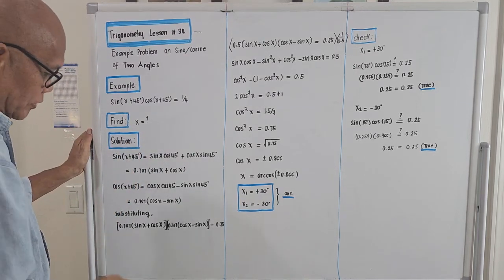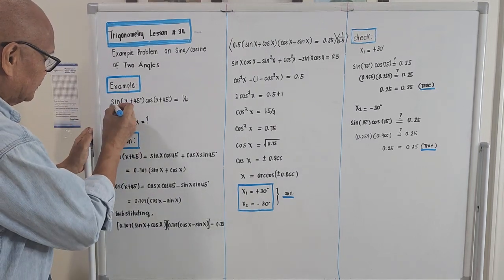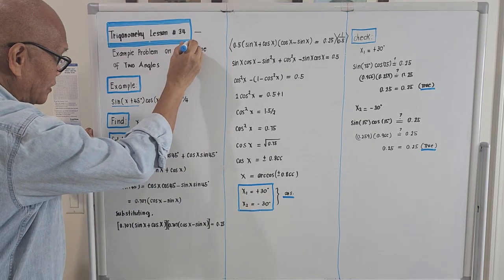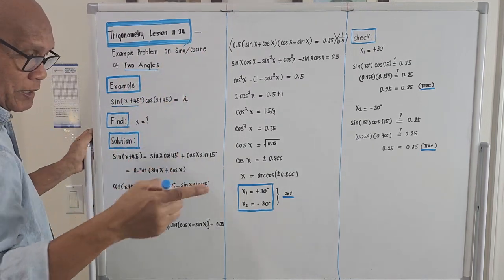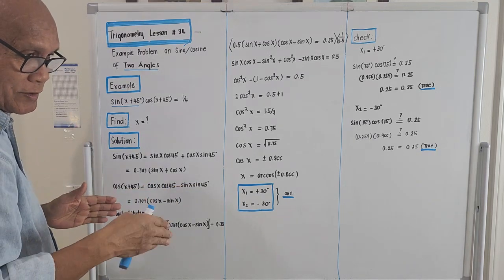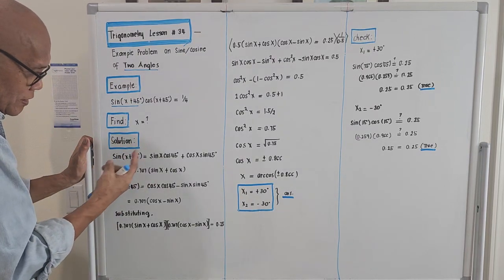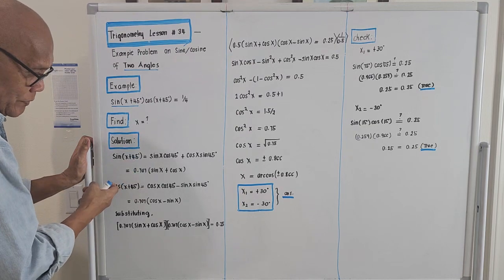Let's try to expand first the sine function, this one. So we will be using the sine of two angles. We'll try to bring out the expansion of the sine function of the quantity of two angles. Sine of the quantity, the angles will be the unknown x plus 45.